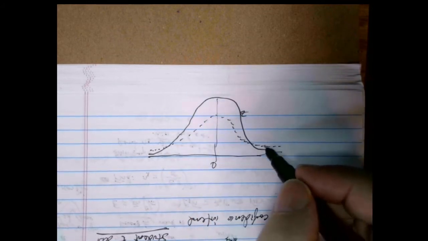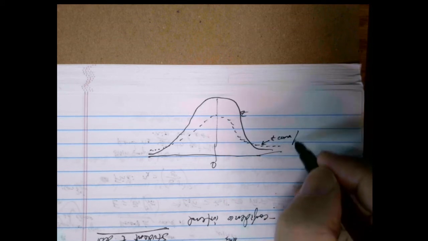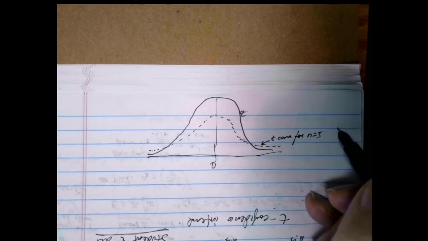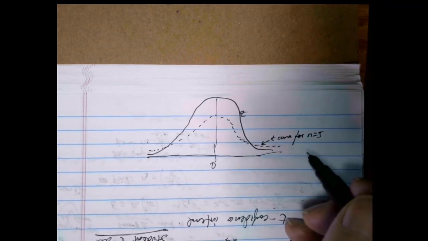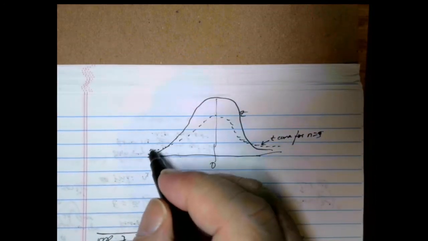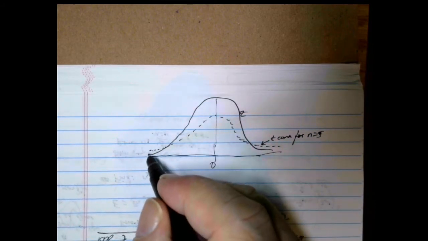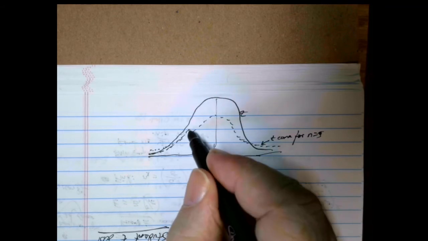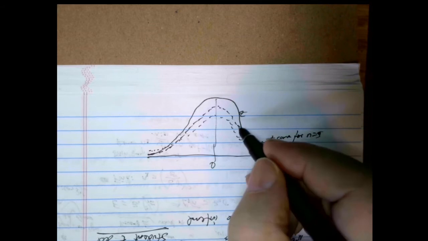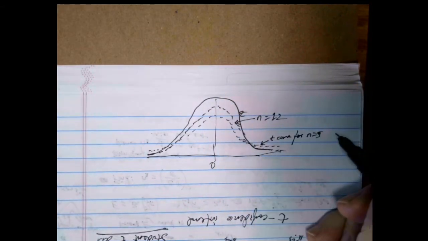But this might be the curve for n equal 5, right? That means sample size 5. The T curve you end up using depends on your sample size. If you had a larger sample, it would be a little bit lower in the tails and a little bit higher in the middle. So let's say you might have this curve right here. This might be the curve for n equal 12, say.